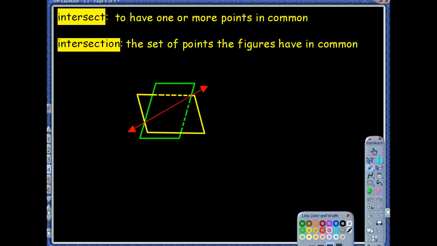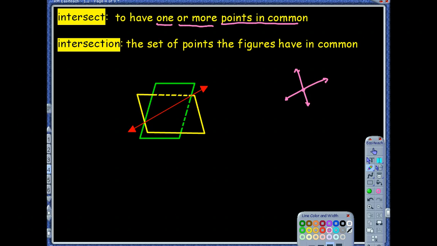All right, to intersect. When we talk about things intersecting, I say things because we could talk about lines or rays or segments or planes intersecting. When they're intersecting, they're going to have 1 or more points in common. So if I have lines that are intersecting, they're going to be 2 lines that have a point in common. I drew segments, but we could continue those with lines. I could talk about segments that would intersect at a point.